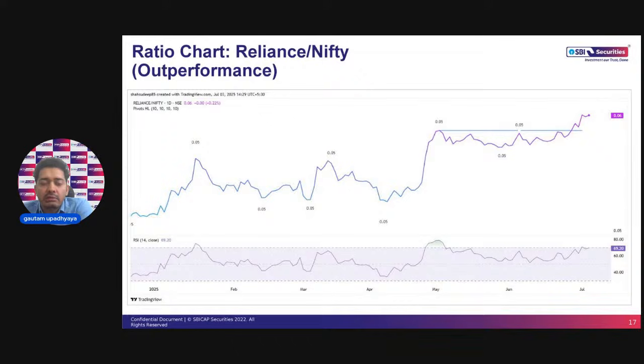So you can see even within that दोनों का chart same direction में है. So that's where the benefit of it comes.